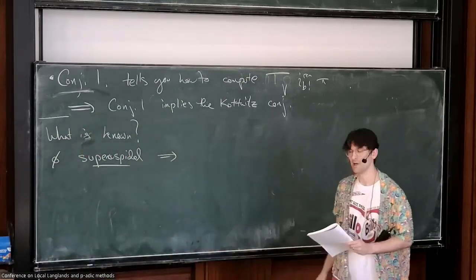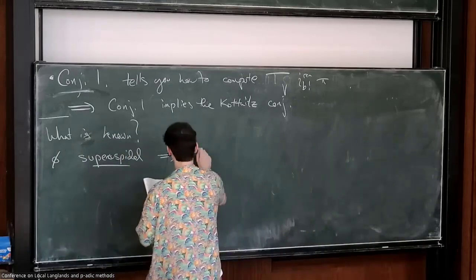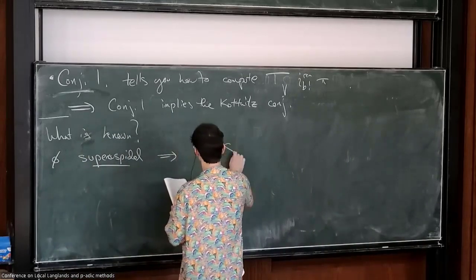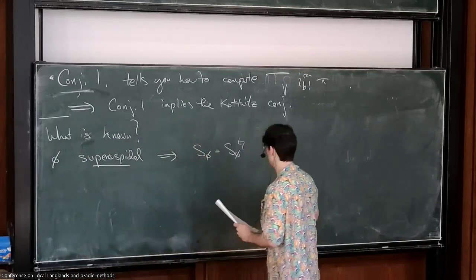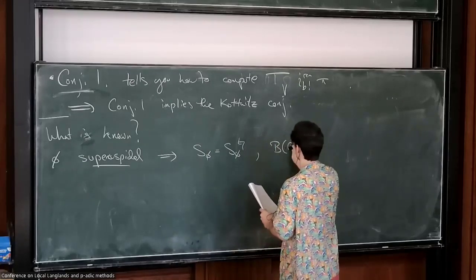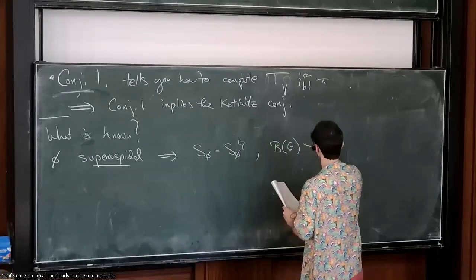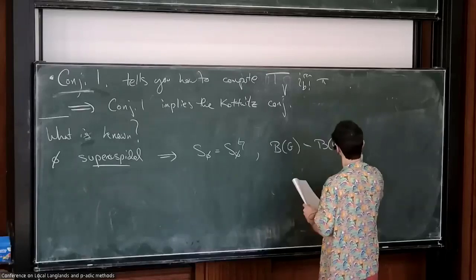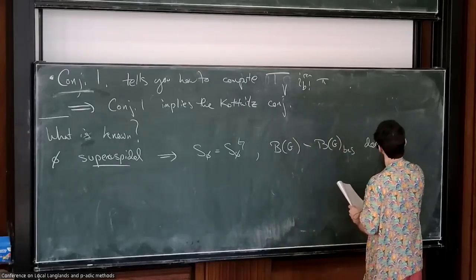Because in this case, things simplify a lot. So in particular, the S phi is just S phi natural. All the stuff in B(G) that's not basic doesn't contribute.